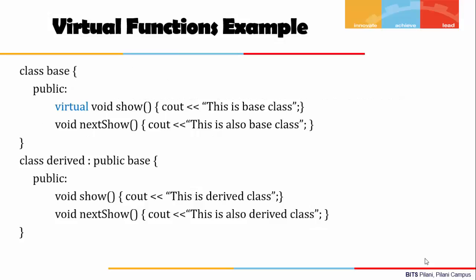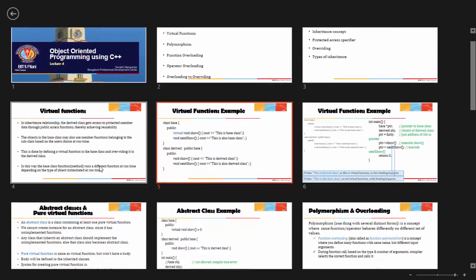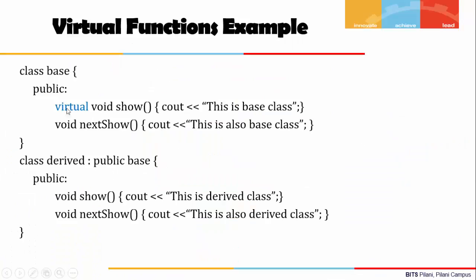So we have placed the keyword virtual in front of the declarator for the show function in the base class. If you see here, we have kept a virtual keyword. The base class and derived class both have functions with the same name. Here also we are using void show.